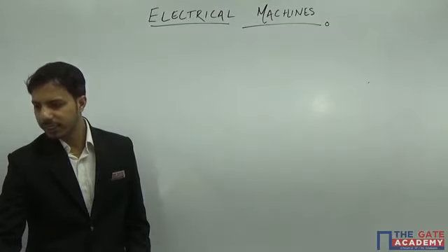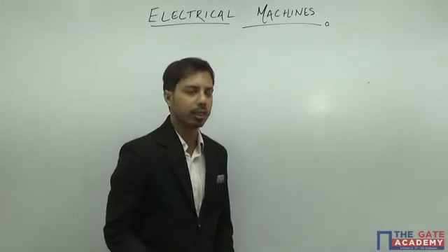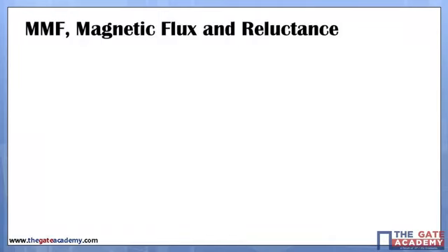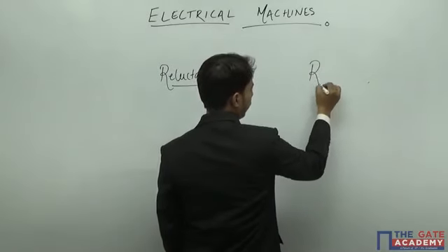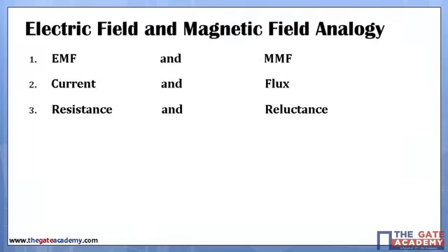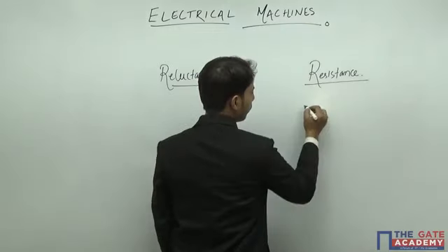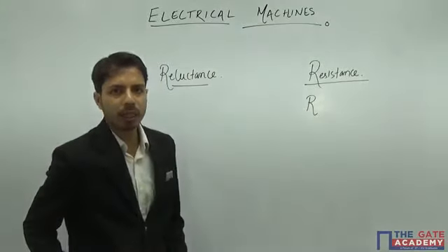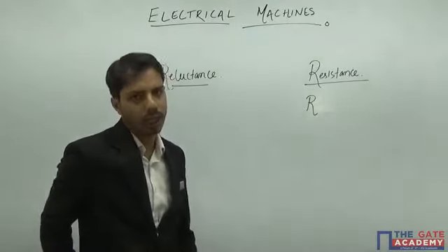The next term which we are using again and again is reluctance. Now what is reluctance? Reluctance is similar to resistance. What happens to resistance in an electric circuit? In an electric circuit, resistance R is the property by which it resists the flow of electric current.